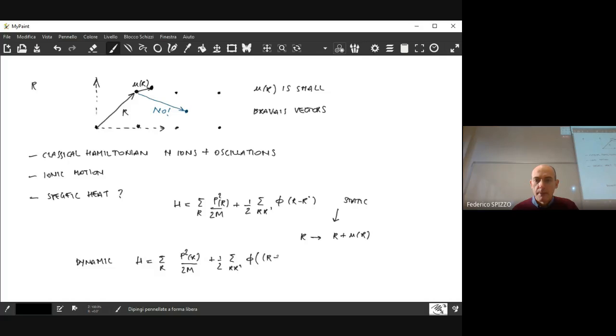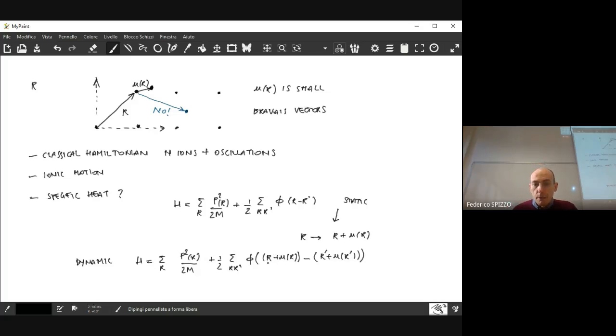Then we have r plus u of r, the new position of the ion that was initially in position r, minus the new position of the ion that was initially in position r prime.